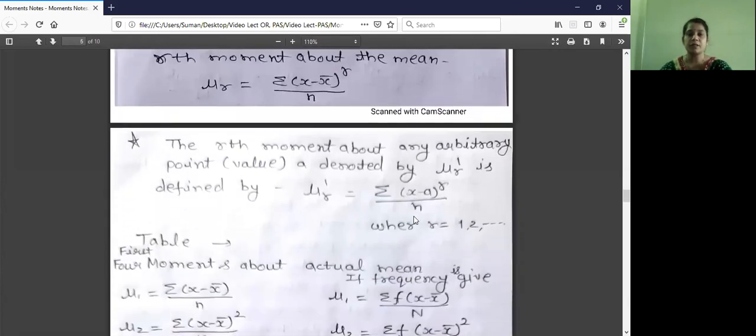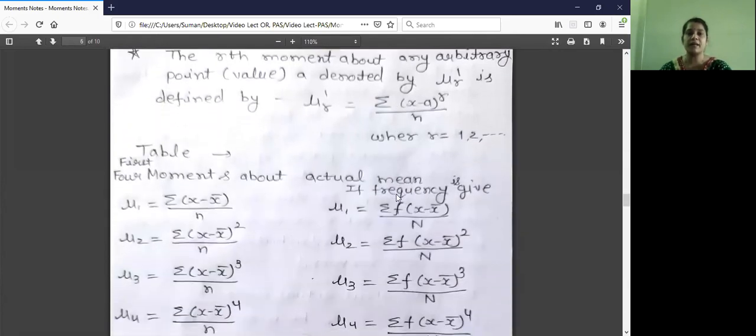So let's start the moments. The rth moment about any arbitrary point is denoted by mu r dash, which is equal to summation x minus a whole raised to the power r divided by n, where r is equal to 1 up to n.